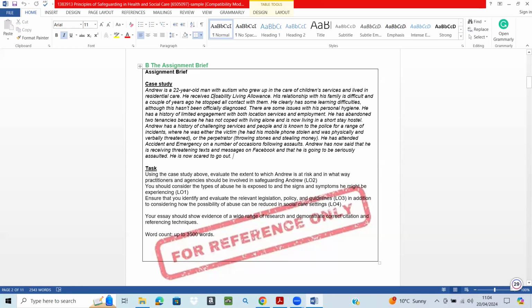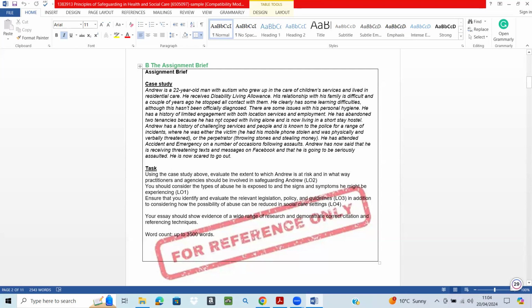So for example, we will discuss about family, but it mentioned that it's difficult. A couple of years ago, he stopped all contact with them, and so we need to look for the engagement of the family members or any agencies, for example with the probation service and history of homelessness and employment.